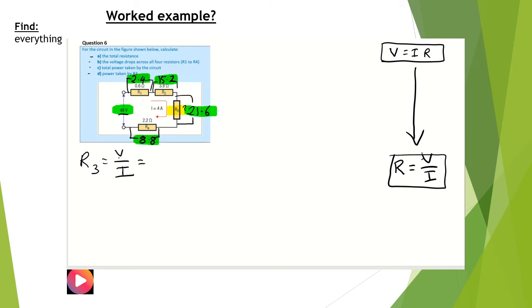Okay, that being said, the voltage across R3 is 21.6. The current through that circuit, which is constant, is 4. Therefore, R3 is equal to 21.6 divided by 4, which is 5.4 ohms.